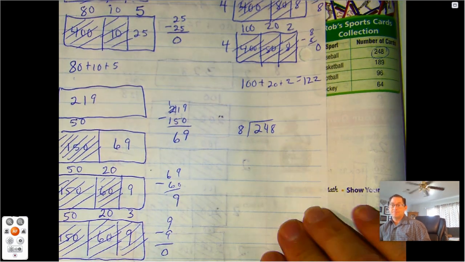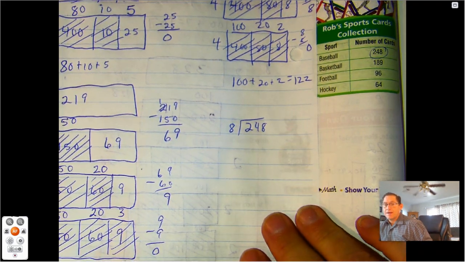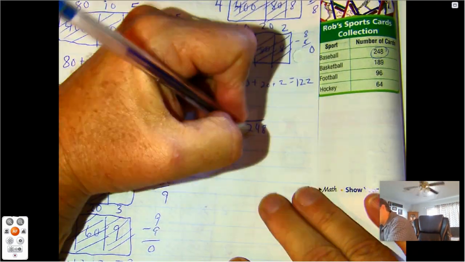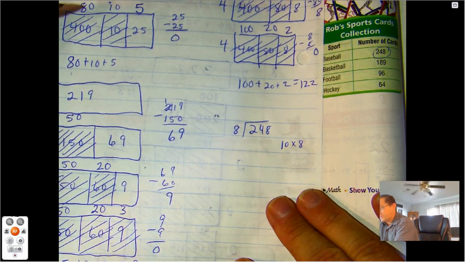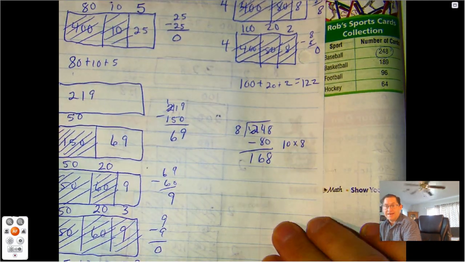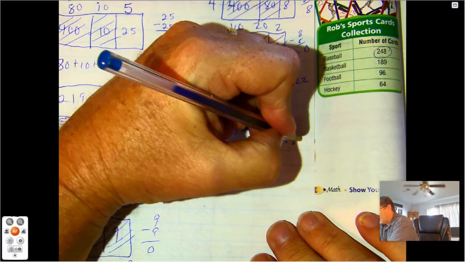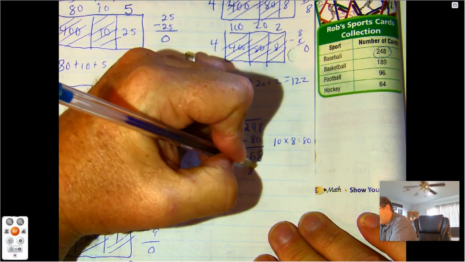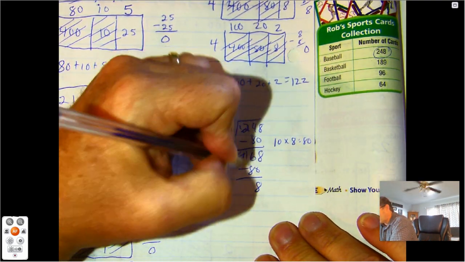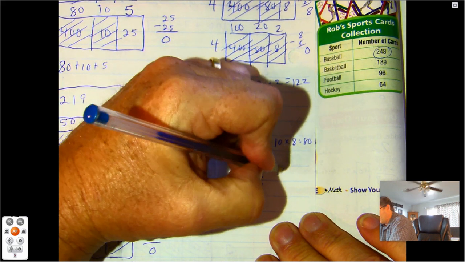So let's take away 10 multiples of 8, which is 80. We have 168. I can take away another set of 80, right? And that leaves me 88.